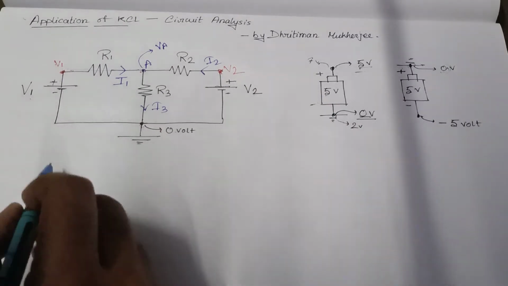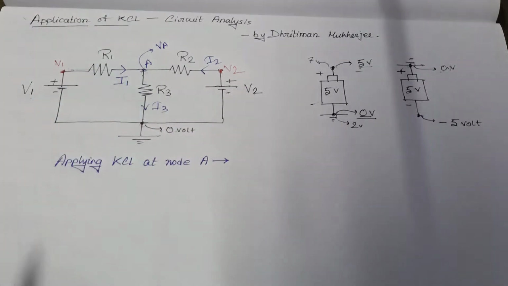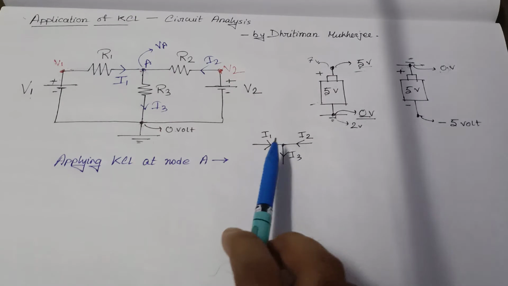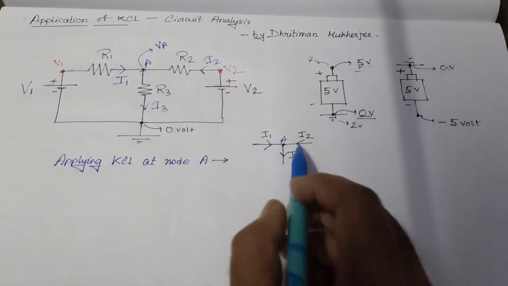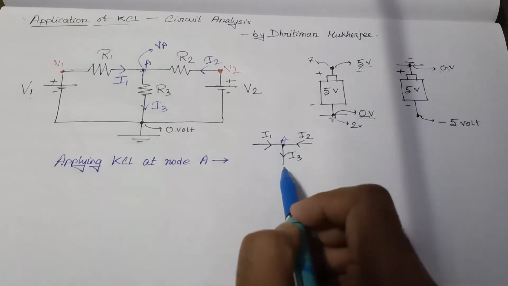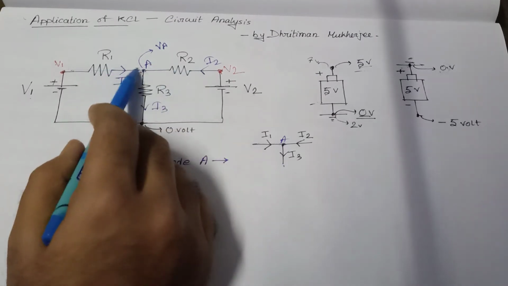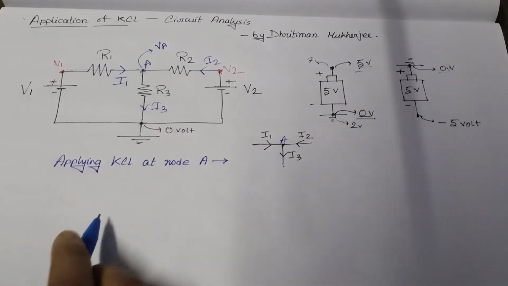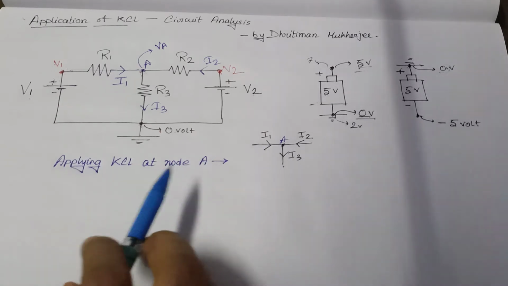Now write applying KCL at node A. Forget about the resistances and the batteries, just think about the direction of the currents. This is the point A. So I1 current is approaching, I2 current is also approaching, and I3 current is going out. Using the sign convention, incoming currents are positive and outgoing currents are negative.